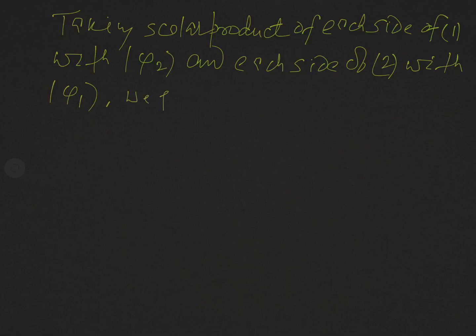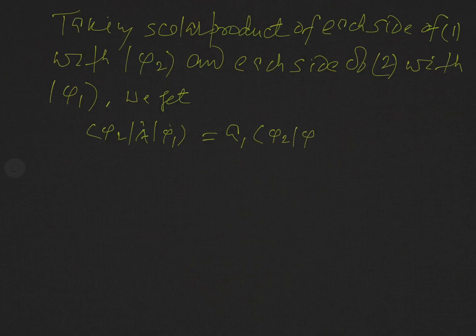And after this, what will we get? We will get that the product phi 2 A hat phi 1 is equal to A1 times the product of phi 2 with phi 1.